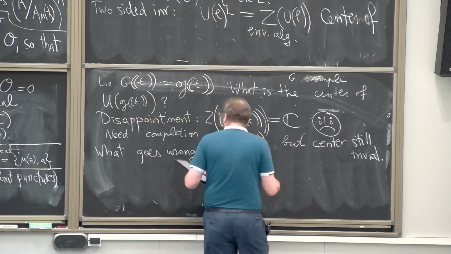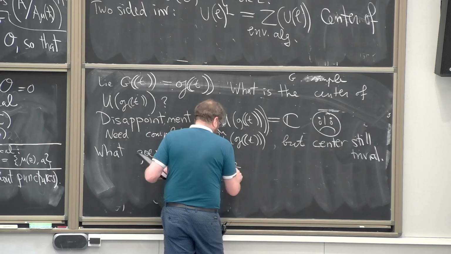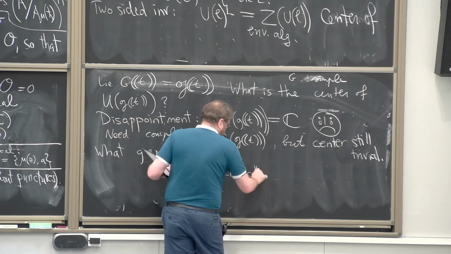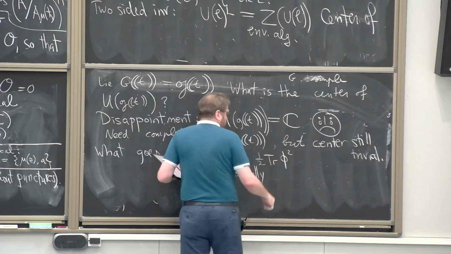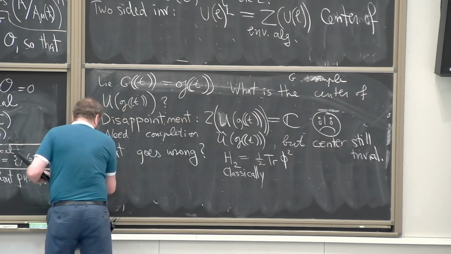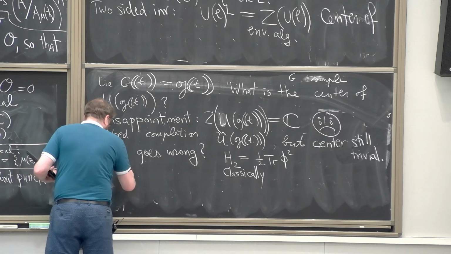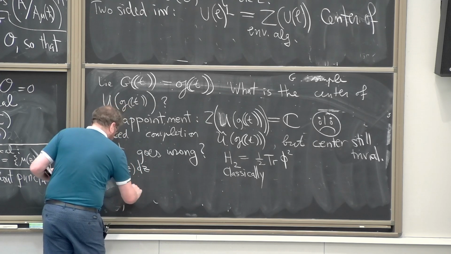So let's remember the quadratic Hamiltonian, H2, classically. This is 1/2 of the trace of phi squared, where phi is a Higgs field. So this lies in just g of z.